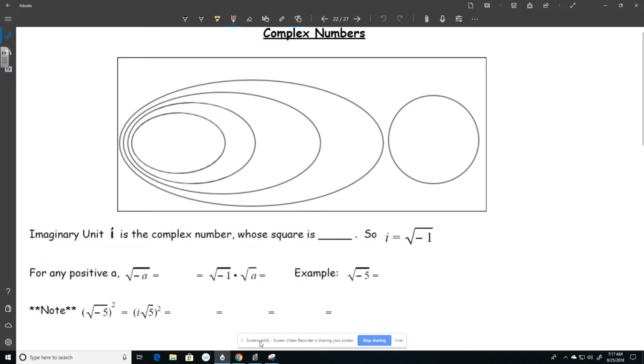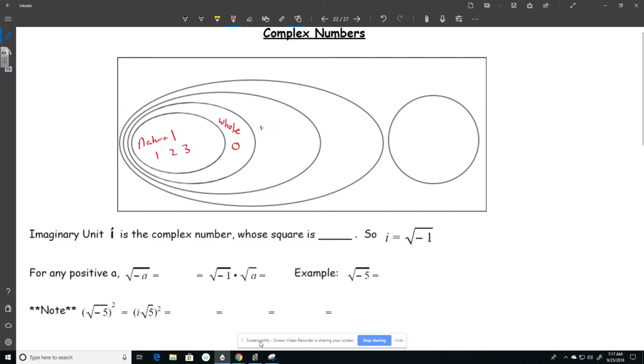We're talking about complex numbers, which is really just another number set. When you started learning numbers, you started with the natural numbers, which were 1, 2, 3, just those counting numbers. And then we introduced you to whole numbers, which include the natural numbers, but we also add one extra, and that is 0.